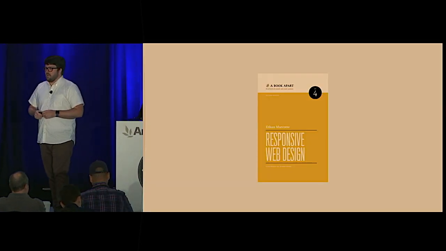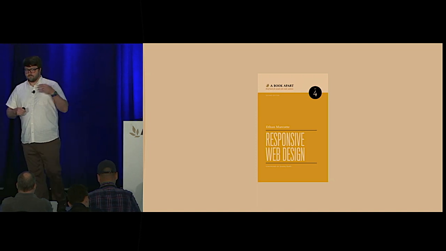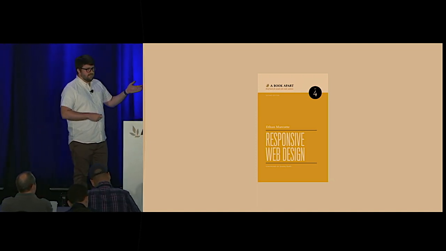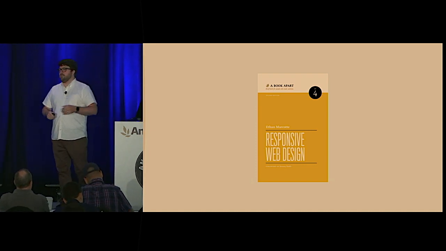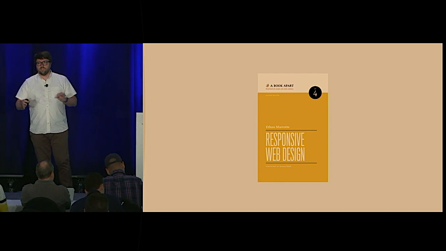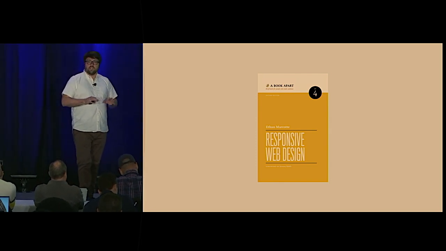Let's go back to the year 2010. Just seeing that is so refreshing. A blog post by Ethan Marcotte that then turned into a book in 2011, Responsive Web Design. In it, Ethan proposed 3 techniques to help us deal with the changing landscape.